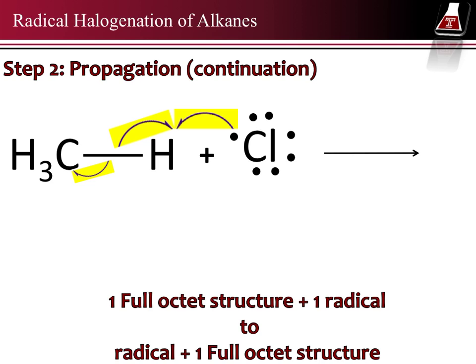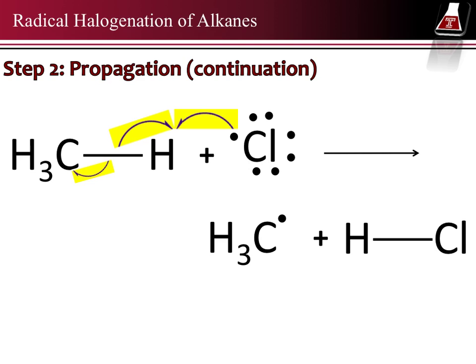The homolytic cleavage of methane occurs such that a methyl radical is formed by this arrow, and the electron that would normally just go to hydrogen is going to form a bonding pair with the chlorine radical, to give us a methyl radical and HCl, hydrochloric acid.